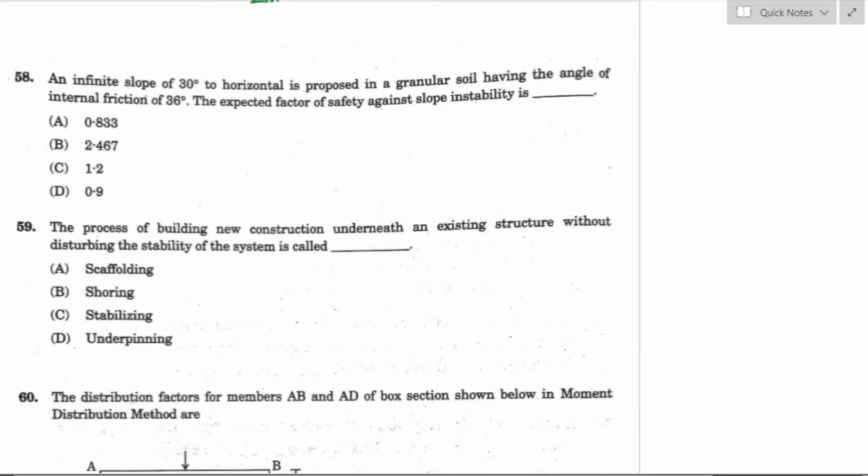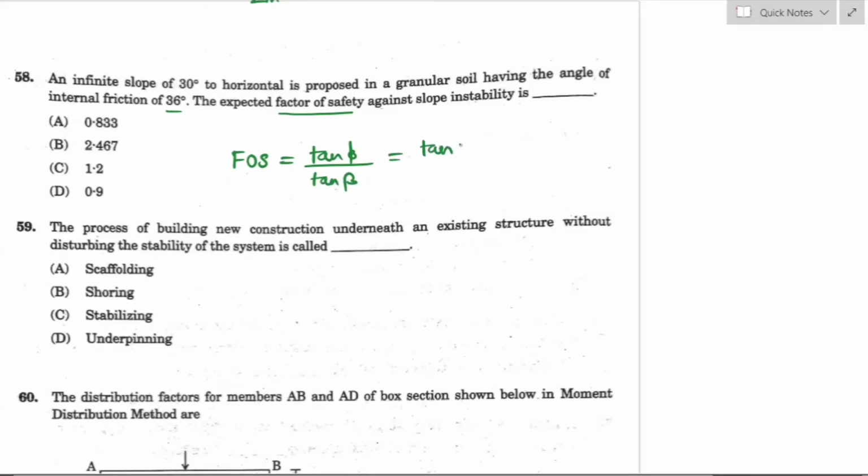Question number 58. An infinite slope of 30 degree to the horizontal is proposed in a granular soil having an angle of internal friction 36 degree. The expected factor of safety against slope instability is. So we have to calculate the factor of safety. Factor of safety for instability is tan phi divided by tan beta, where phi is the angle of internal friction.